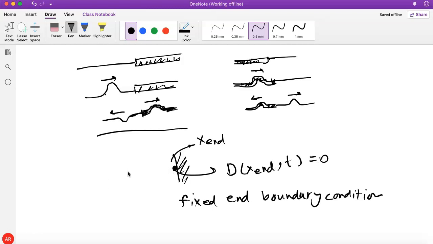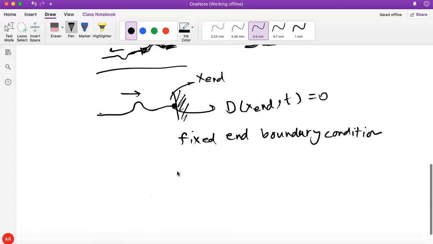Now suppose we send a pulse in, and it gets reflected after some time. It comes back like that.